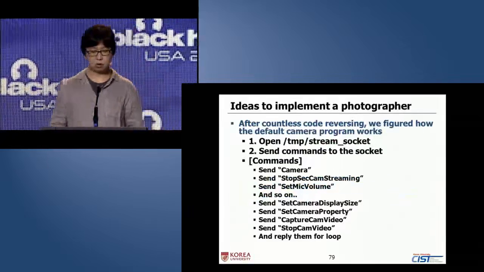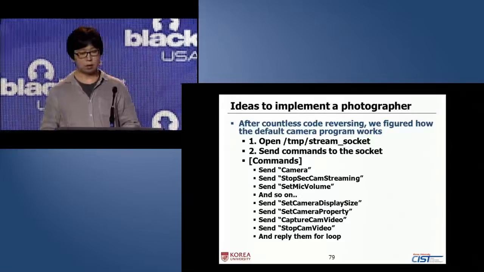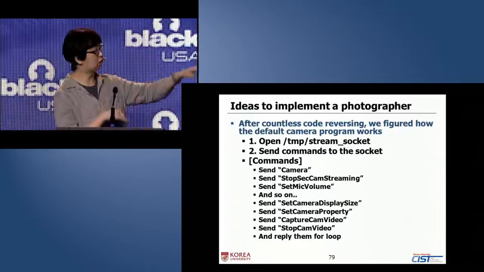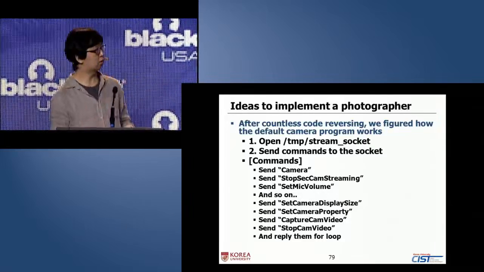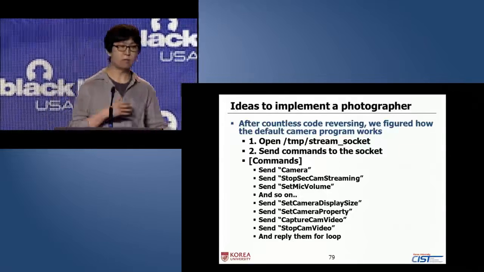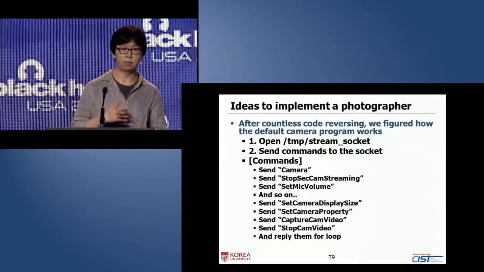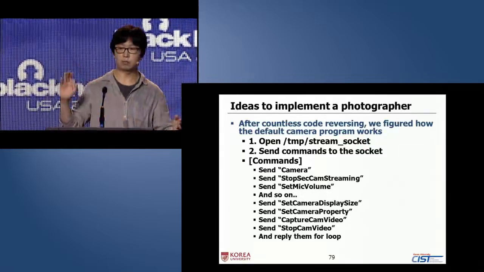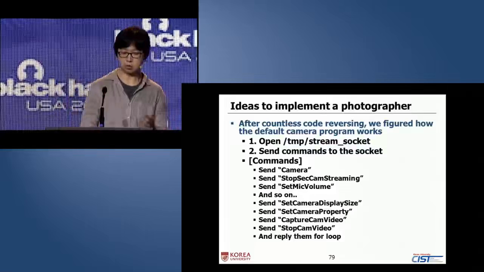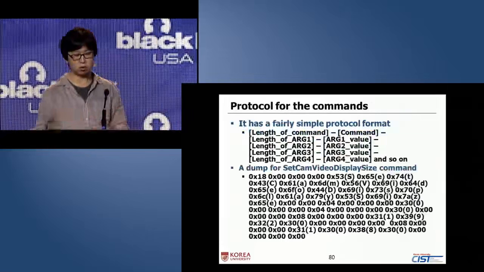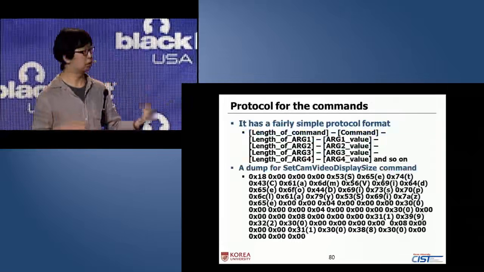I figured out that I have to open the TCP stream socket and send the camera commands like camera stop, sec cam streaming, and set mic volume. This is a protocol between the camera device and a user level process. If you send those commands to the socket, it takes a picture.